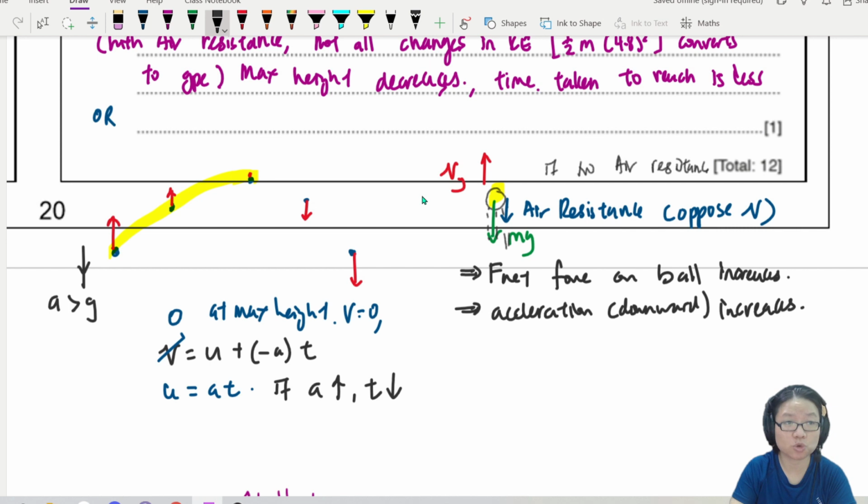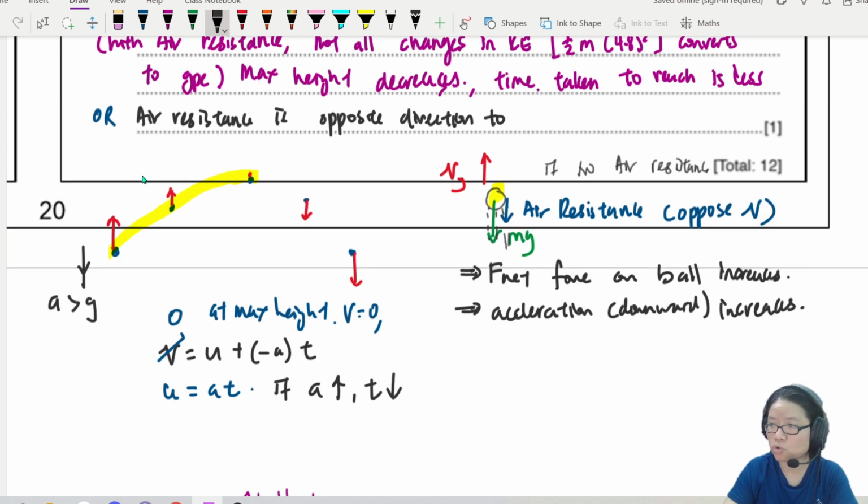So your explanation could be: air resistance will change the acceleration of our golf ball. Air resistance is in the opposite direction to v, hence larger resultant force.